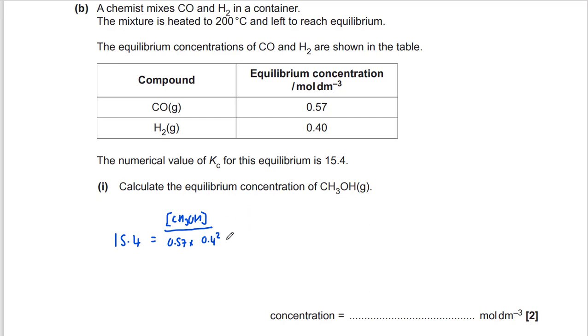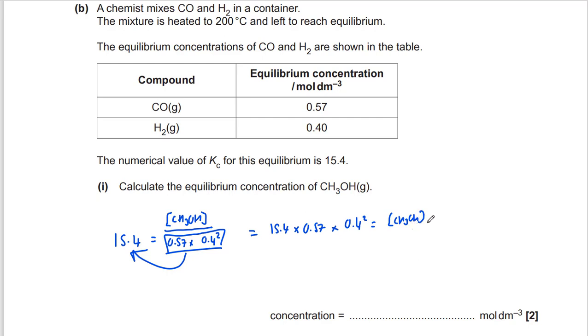Bit of rearrangement now. Okay, a little bit of rearrangement. So to work out CH3OH, we simply have to take both of these numbers, shift them up to the other side. So now we have 15.4 multiplied by 0.57 multiplied by 0.4 squared equals my CH3OH.